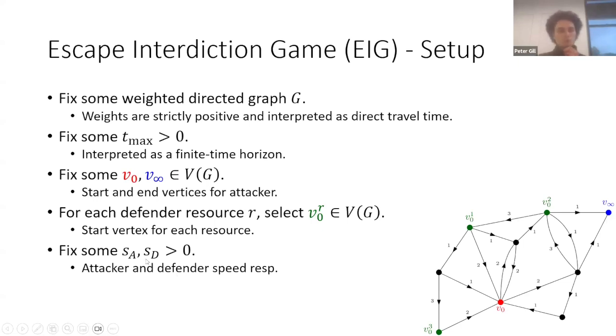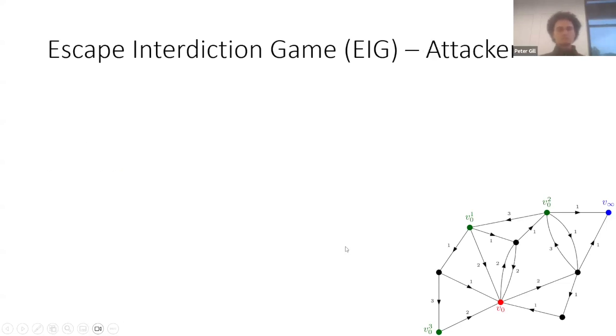Note that we ask that every police person have the same speed, but it could be different between the police and the attacker. All of this is pretty much all you need to set up the game. We call all of this the data of the EIG.